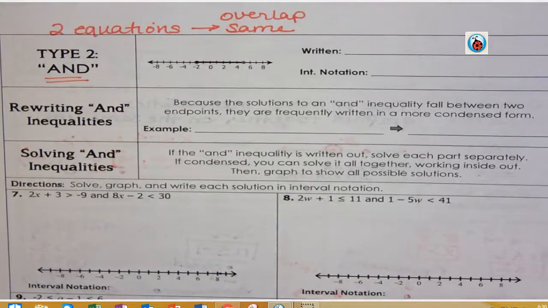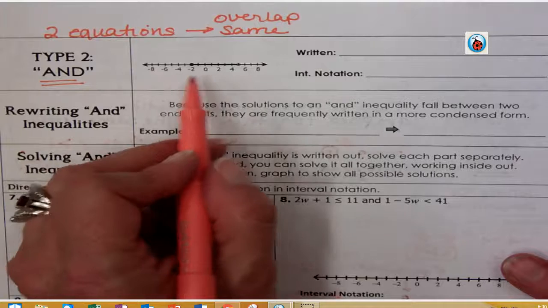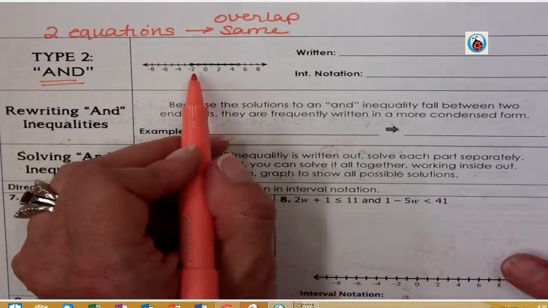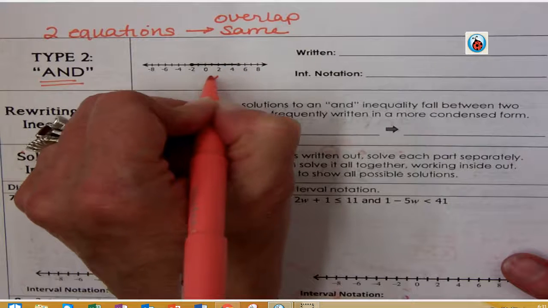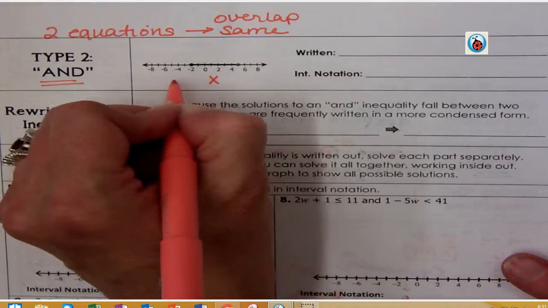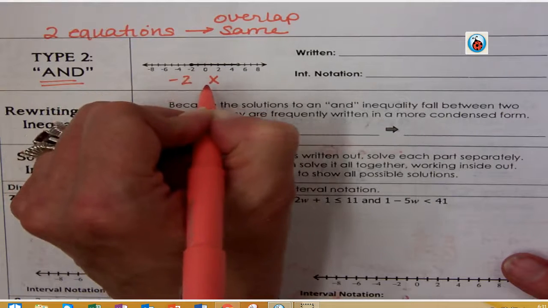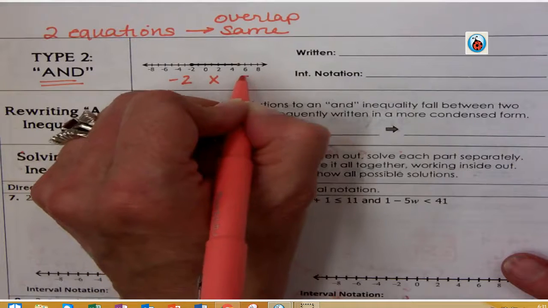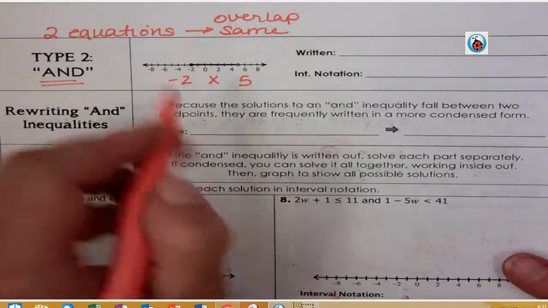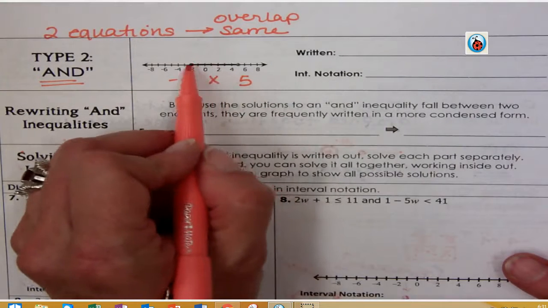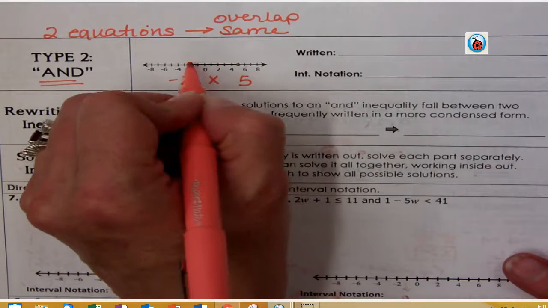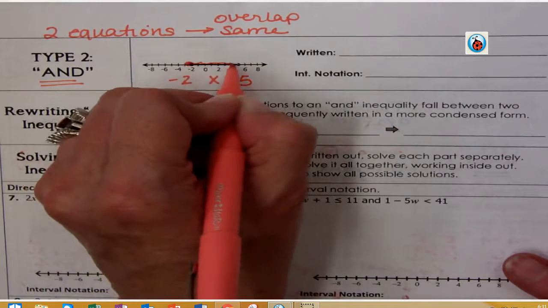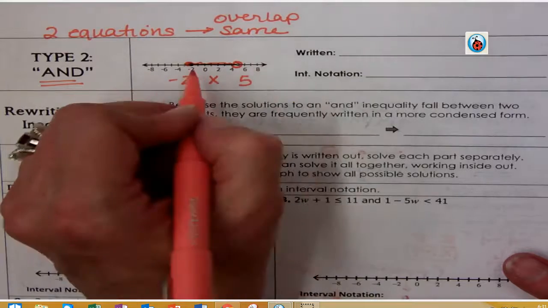Okay, so we've got this situation where we're looking at all the numbers that are greater than -2, right? X is going to be between -2 and 5. So we've got these values right here, which is, this is a closed dot, this is all covered, and then this is an open dot.